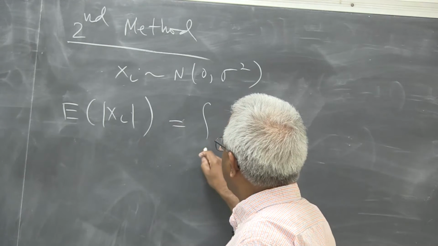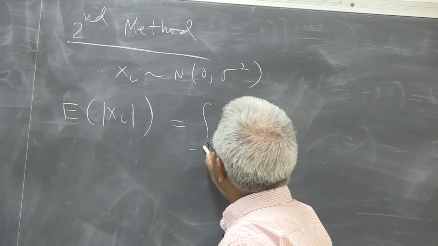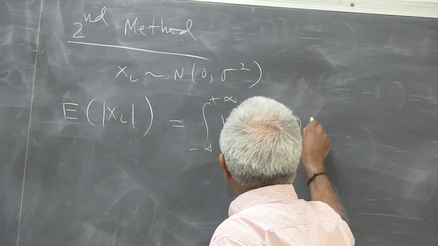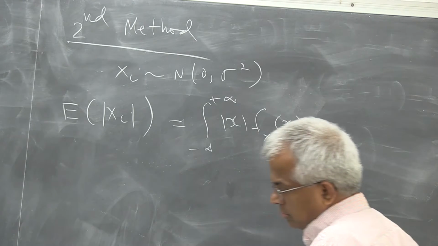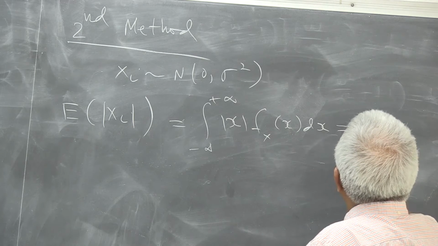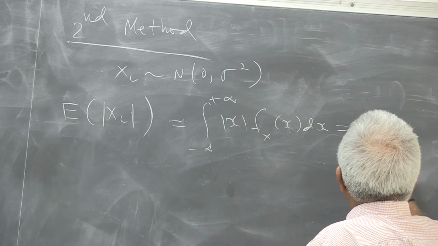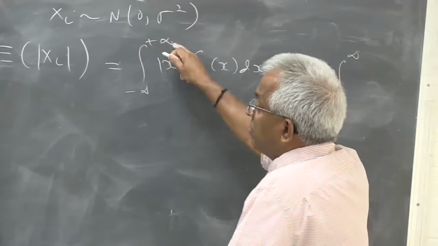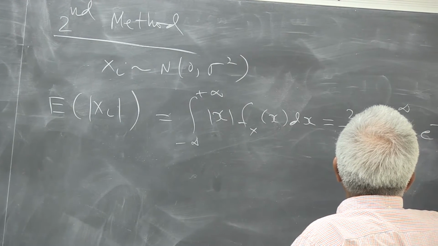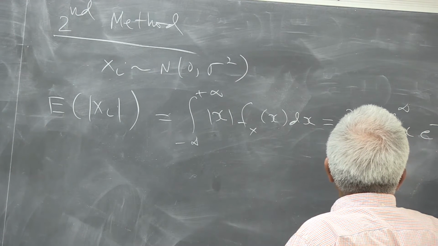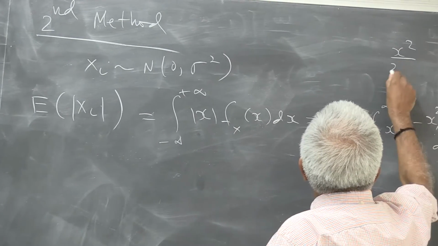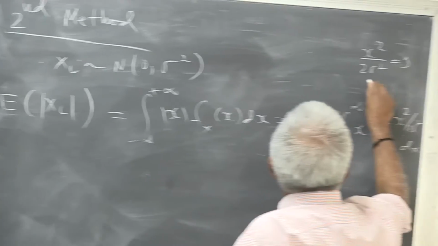So this is the integral from minus infinity to plus infinity of |x| fx(x) dx, and this is of course 2 times 1 over square root of 2 pi sigma squared. This being an even function, it's 2 times the integral from 0 to infinity of x e raised to minus x squared over 2 sigma squared dx.